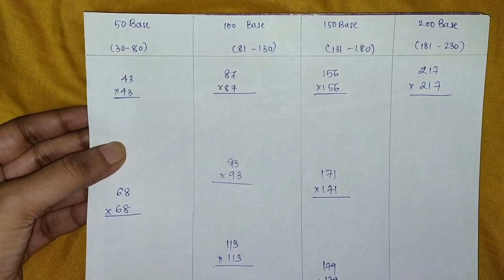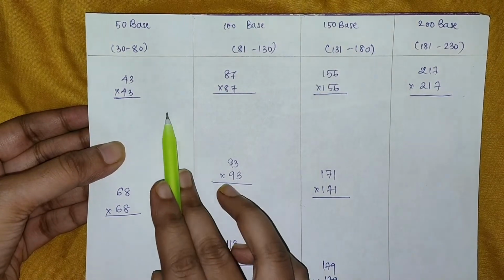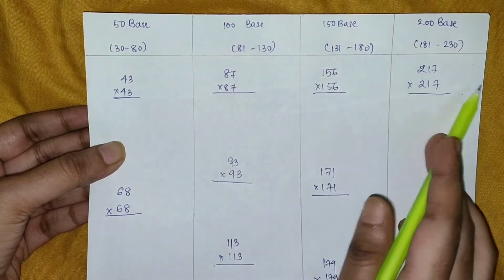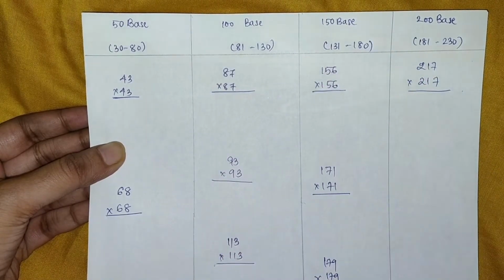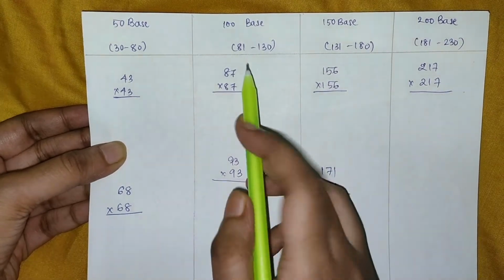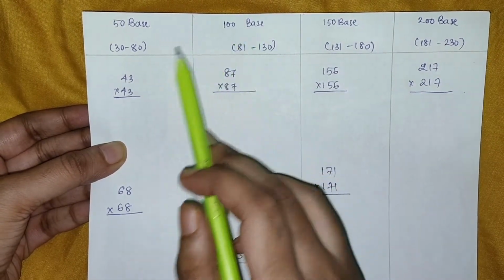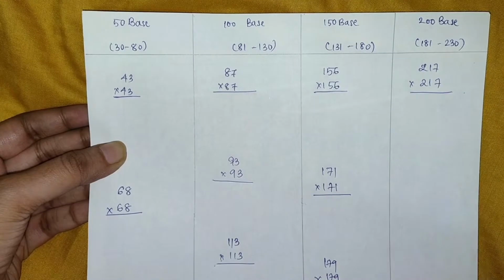As you can see, I have written down a few bases here: a 50 base, 100 base, 150, 200 base. But our parent base will be the 100 base for all the calculations that we are going to do further.